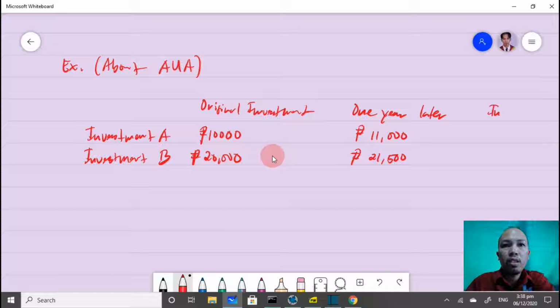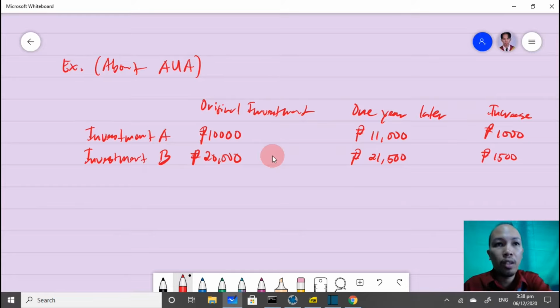So the increase, as you can see here, is 1,000. Okay, and the increase here is 1,500 after 1 year.